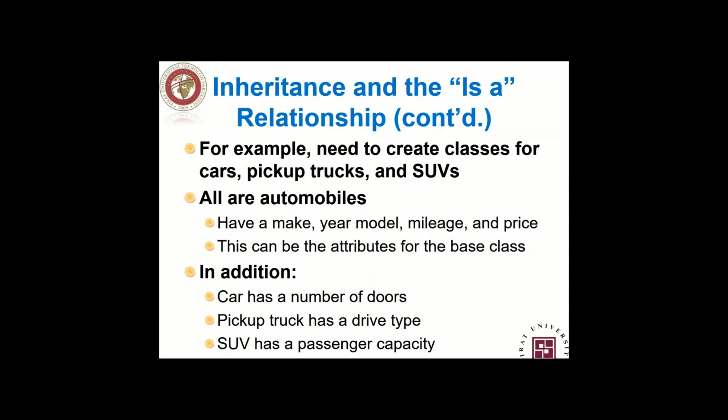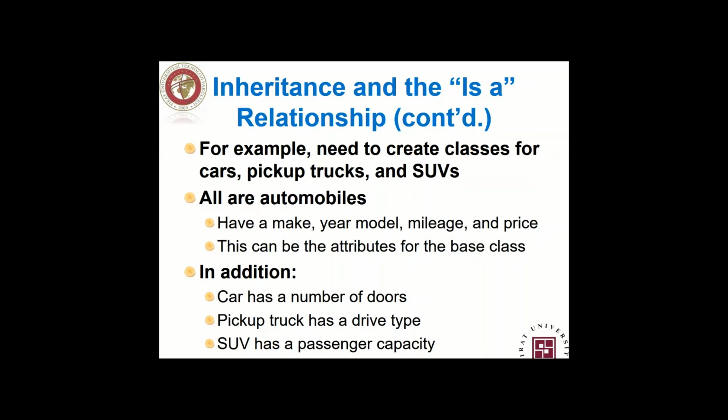Now think about any other type of general class and special class. For example, if we speak about vehicles or automobiles in general, well, we can have cars, maybe trucks, maybe SUVs. This is possible, right? It's possible. And how about the private attributes that we may add? Think about cars, for example.